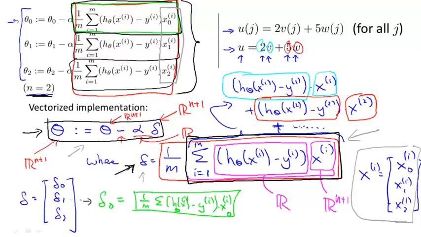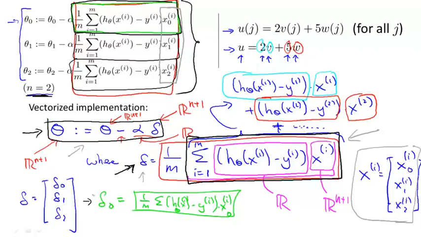So even if you didn't quite understand the equivalence, if you just implement it this way, you'll be able to get linear regression to work. But if you're able to figure out why these 2 steps are equivalent, then hopefully that will give you a better understanding of vectorization as well.